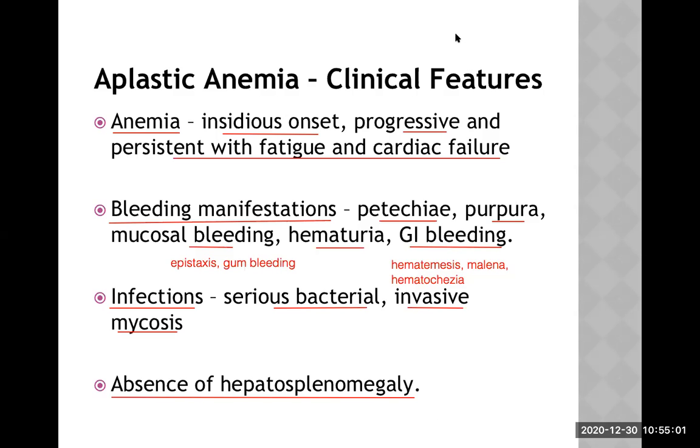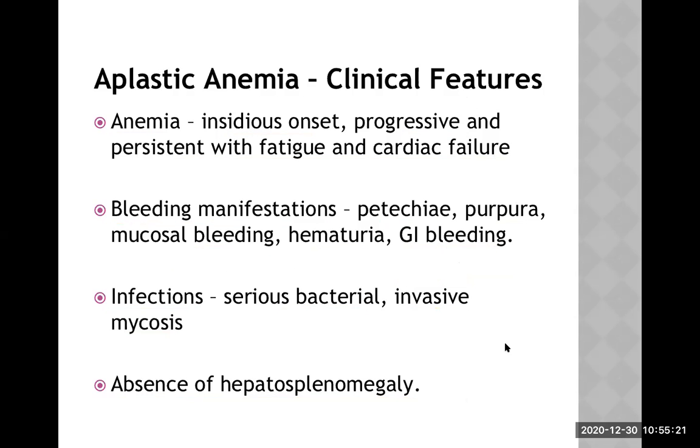Whereas in aplastic anemia, they are absent. The reason is that those stem cells which originate from the bone marrow are themselves absent here, so they cannot be formed in other organs as well. Let's move on.